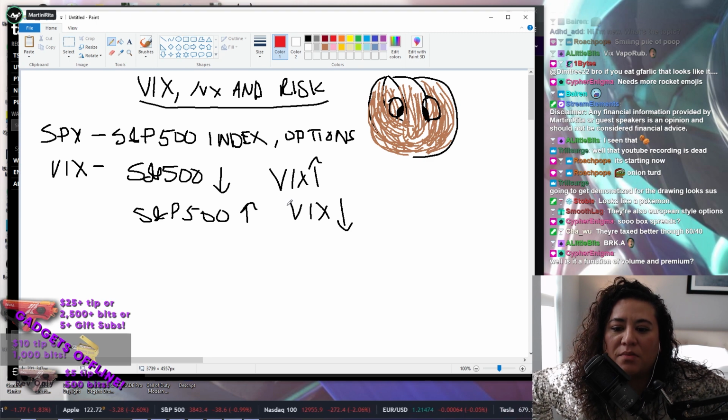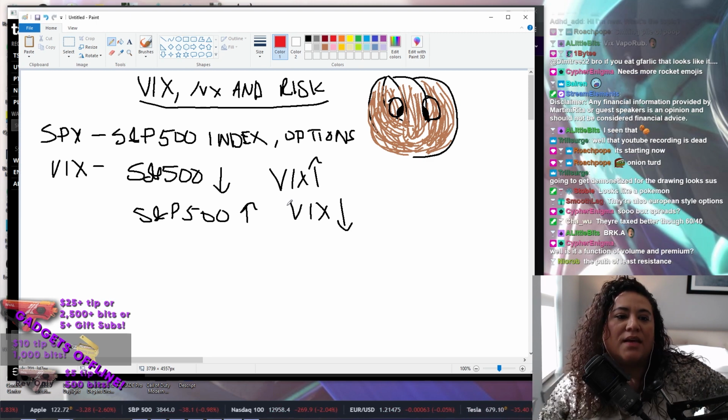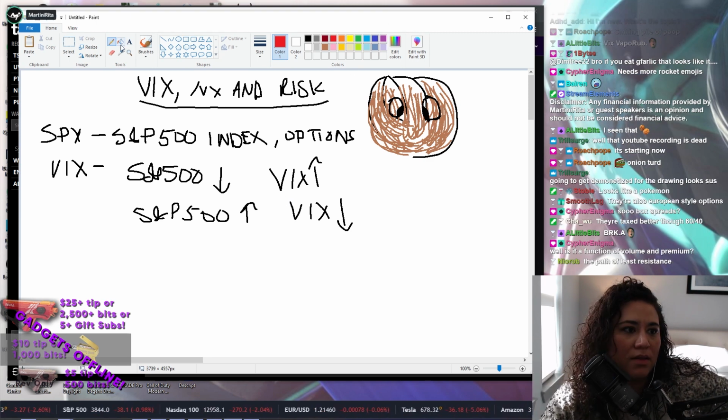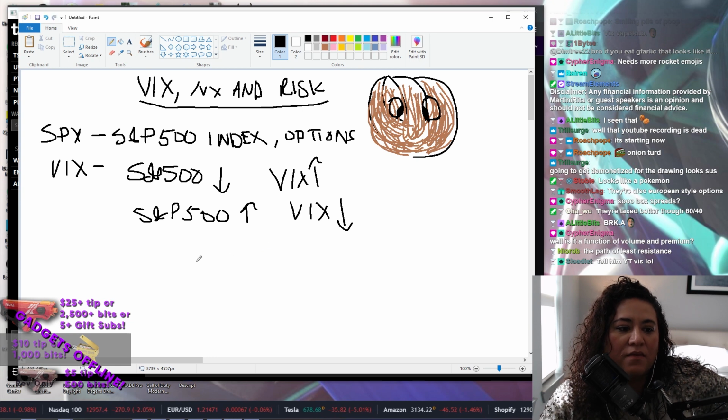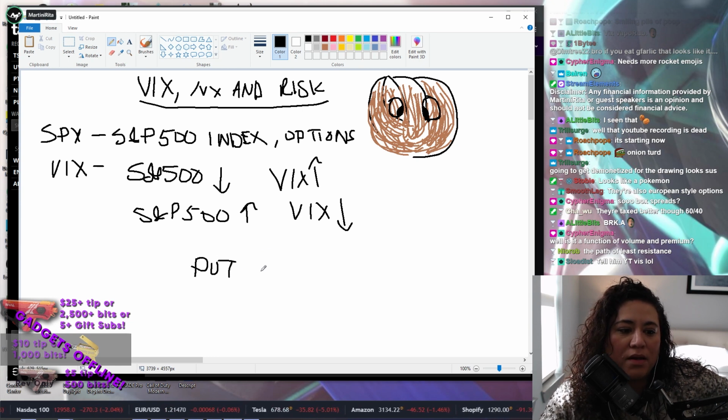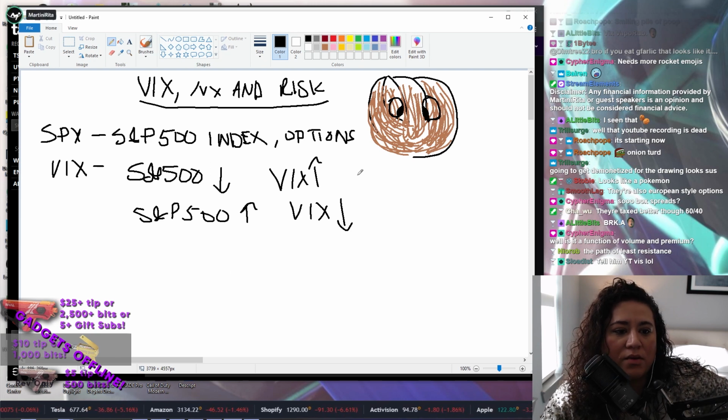Is it a function of volume and premium? What it is, let's say a put option. They go all along the strikes, and it's a complicated calculation, but basically the VIX will go up if the put is, in this scenario, $20 for that one put.